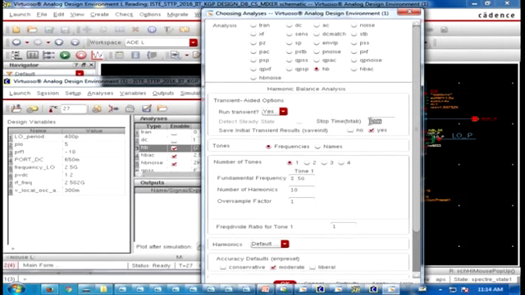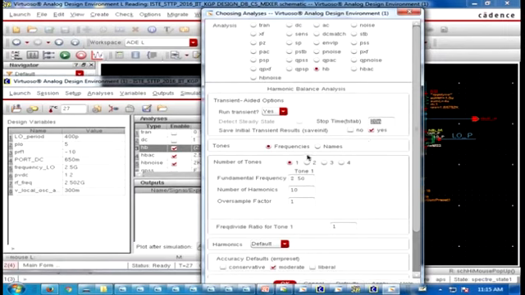For example, I am setting the stabilization time here at 20 nanoseconds. So 20 nanoseconds is sufficient time because it will have more than 20 cycles to stabilize. And then of course I have to tell it whether to save the initial transient result or not, because at a later point of time I can also check whether my transient analysis is wrong or right.